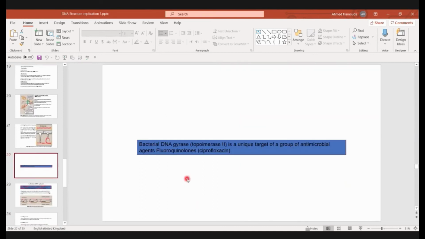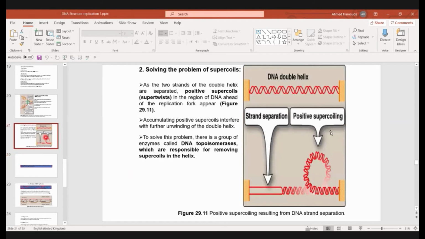There is a drug called ciprofloxacin used to treat some infections caused by certain bacteria, and the mechanism of this antibiotic is to not let topoisomerase 2 do its job. Therefore these positive supercoils are always there, they are not relieved, so DNA replication cannot occur and the bacteria will die.